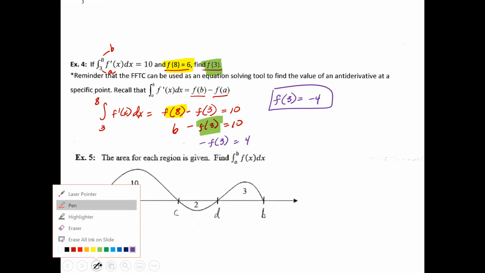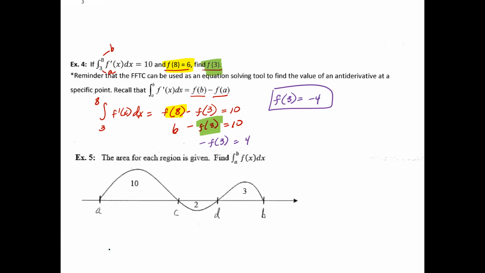Okay, example 5. For example 5, it says the area of each region is given by the integral from a to b of f of x. So here we have several different regions we want to find. And we want to find the entire region from A to B, and notice there's C and D in between. So then what I want to do is find the integral from A to B of f of x dx.